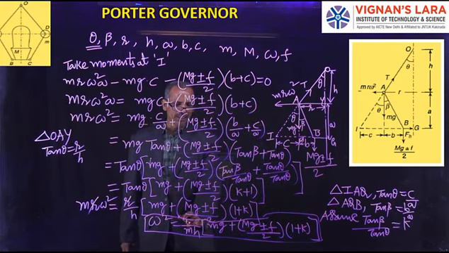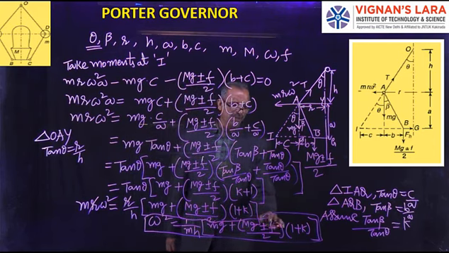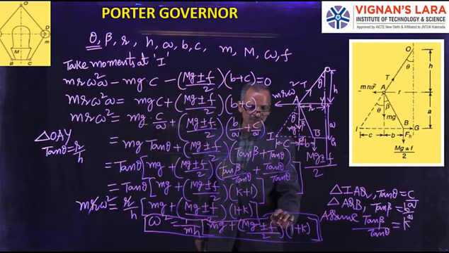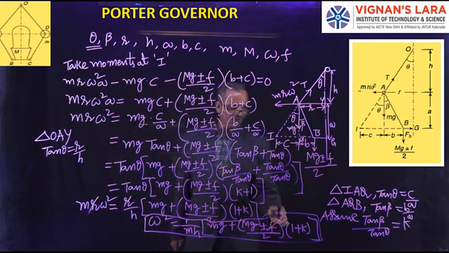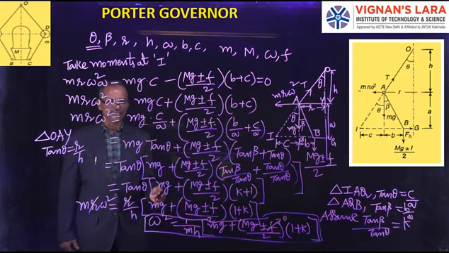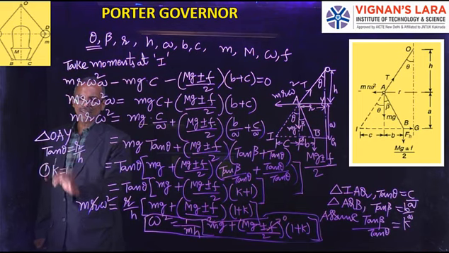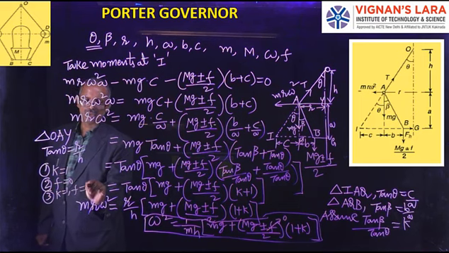Then ω² is equal to 1 by mh into (mg ± F). Suppose you don't consider F, if you take F as 0, then you simply write this value as 0. If you consider F as 0 and K as 1, those are the special cases you can rewrite. So there are 3 cases: one is K is 1, the other is F is 0, and the third is K equal to 1 and F equal to 0.